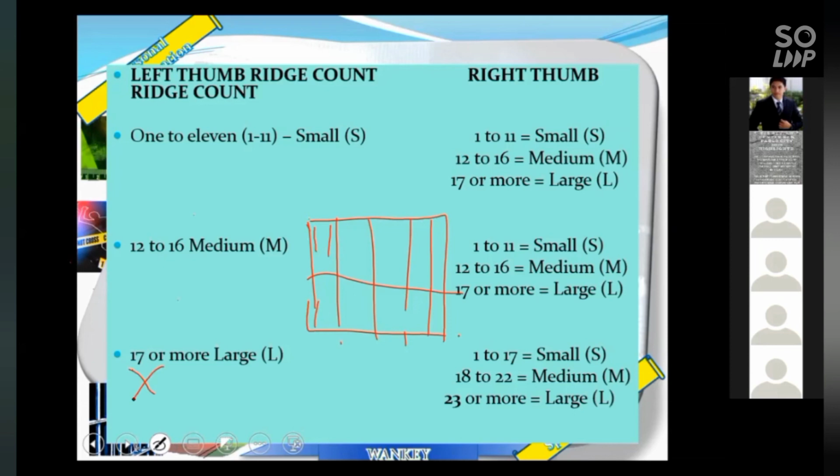Then it also cannot use Formula 2, but only this one. So automatically, the classification is small. So use this formula: 1 to 11 is small. So the major classification is S over S.